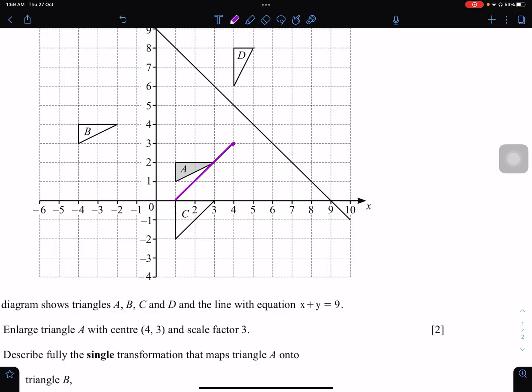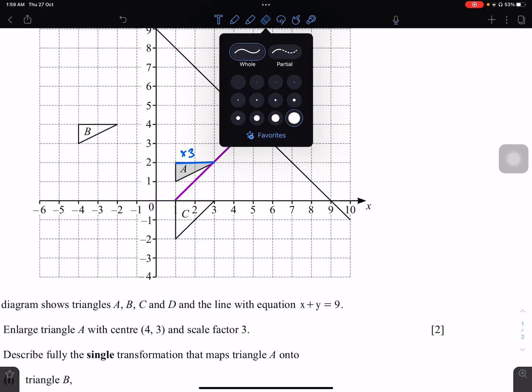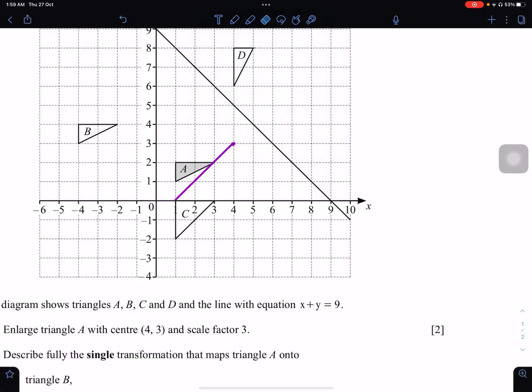The other way to look at enlargement is that the length of the triangle gets multiplied by 3. So the length right here is 2 units. This length has to become 6 units. But we also know that this one point on the triangle has now shifted here.